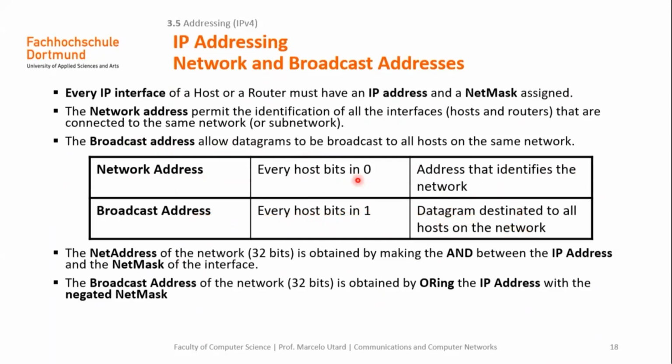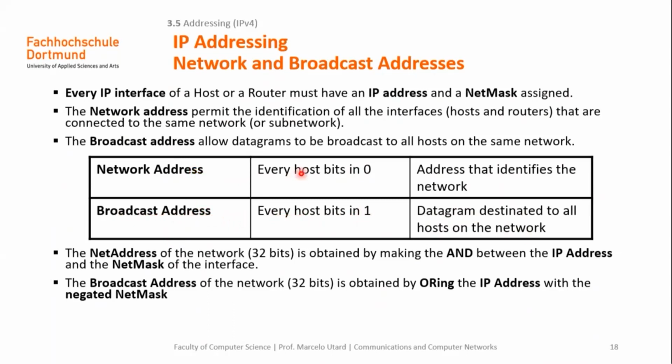That is, the lowest address of the net block used by any network or subnetwork identifies the network, and the highest address in the range of addresses used by a network is reserved for the broadcast address of that network or subnetwork.